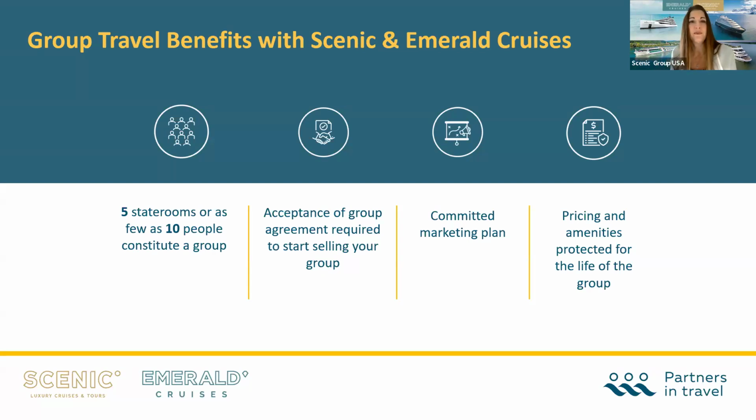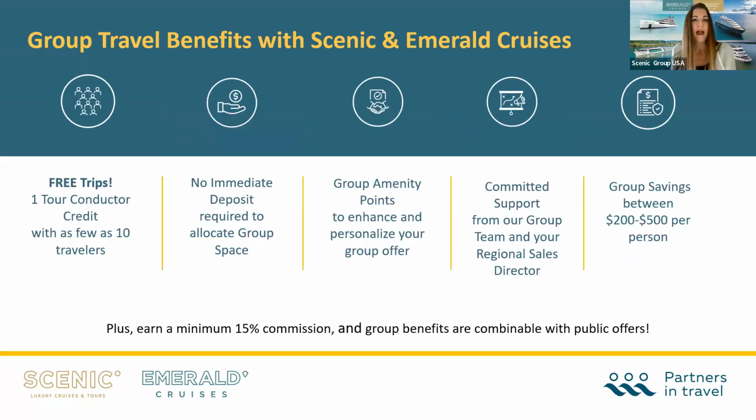You accept the group agreement, and then we can sit down and come up with a marketing plan, or you can do it on your own, but I'm here for you if you need help. We can set up some cruise nights, and I'm here to help you promote and fill that group. You'll also receive special prices and amenities for that group, which I will get into a little later on some of the coming slides.